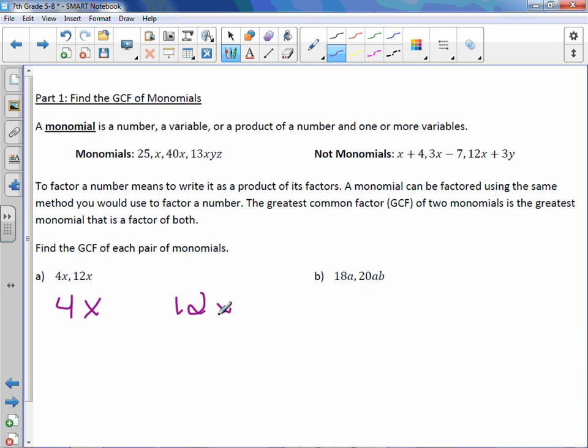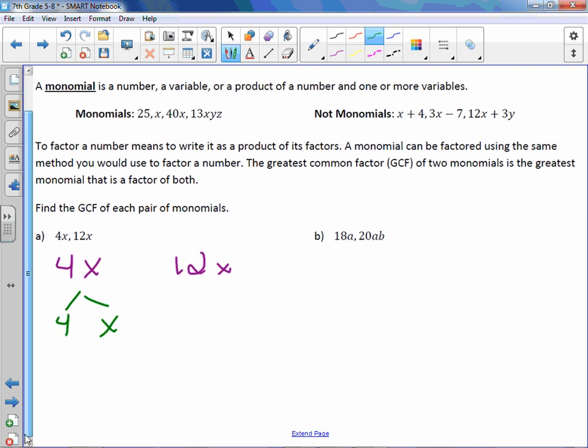The first thing I like to do is break apart the number and the variable. So we have 4 and x. Now, we can't do anything with x. It's by itself. There's only an exponent of 1. However, 4 I can break down into 2 times 2.